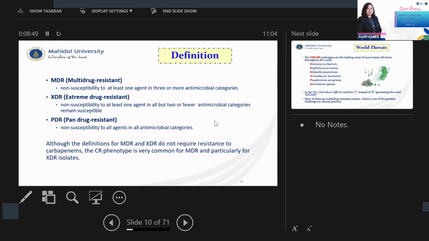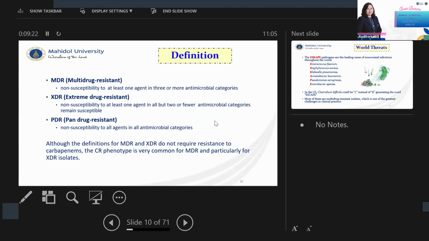But nowadays we have so many definitions. Sometimes you hear about MDR, XDR, PDR. Of course, they are all resistant bacteria. But how can people classify them? For MDR, an easy definition: the bacteria must be resistant to at least one drug in at least three groups of drugs used to treat that bacteria.